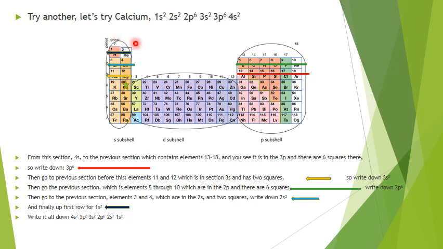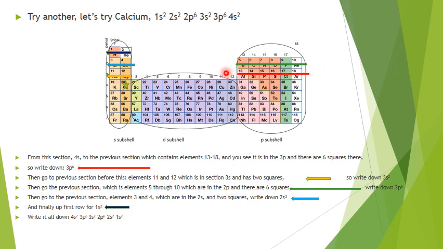Now we want to get up to the hydrogen area, but you can't just jump up. You have to go from 20, 19, 18 all the way across.